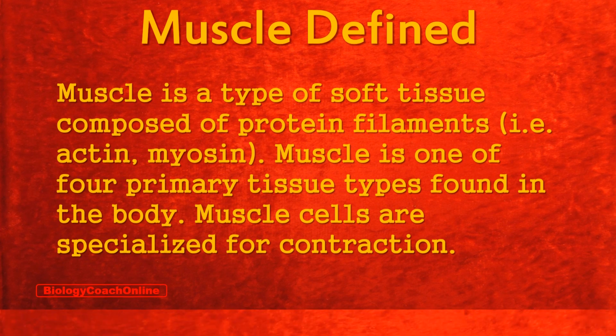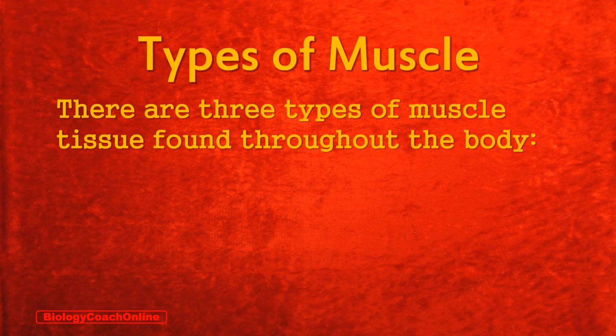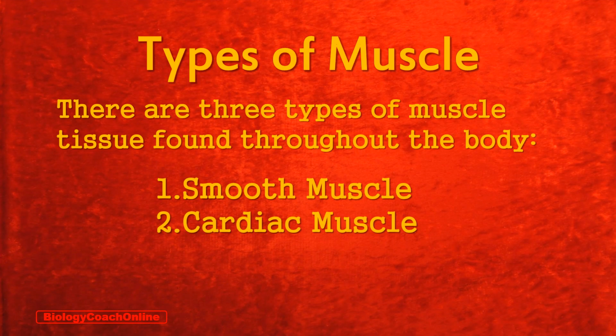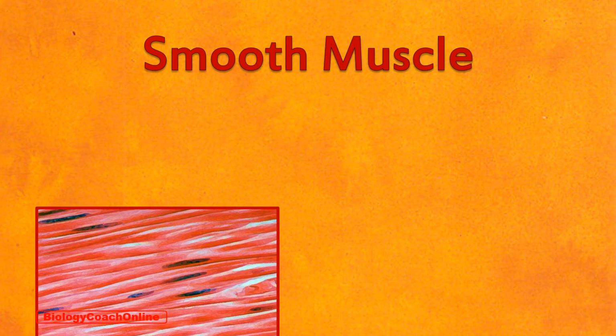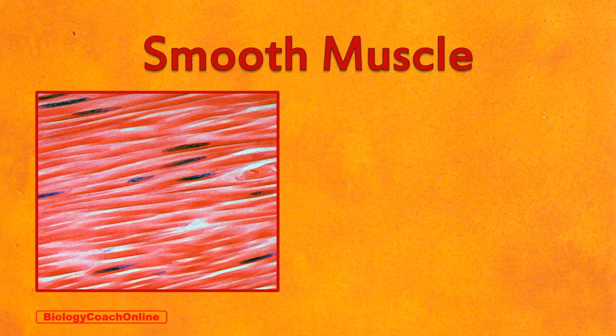Now, there are three types of muscle tissue found throughout the body: smooth muscle, cardiac muscle, perhaps you can guess as to where you might find cardiac muscle, and skeletal muscle. So we'll briefly differentiate the three. Now, one notable feature of smooth muscle is that it works automatically. In other words, you don't have to think about making smooth muscle work. It just works. For that reason, we call smooth muscle involuntary.